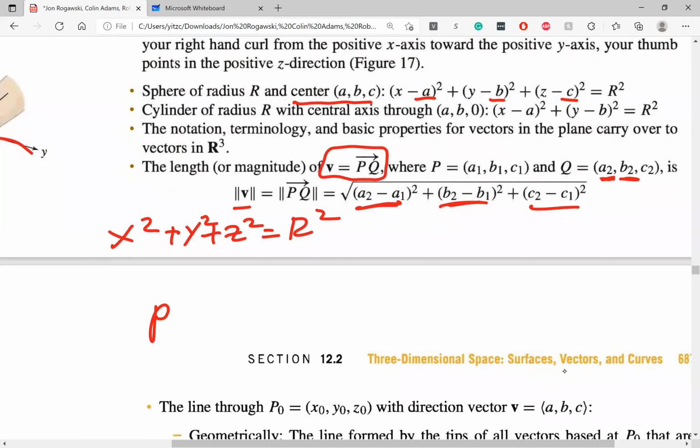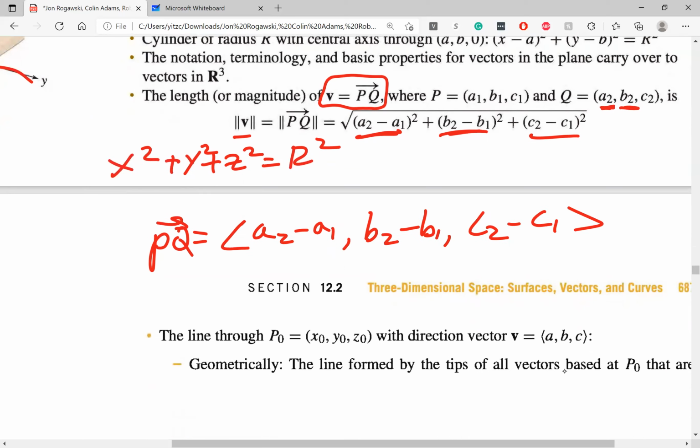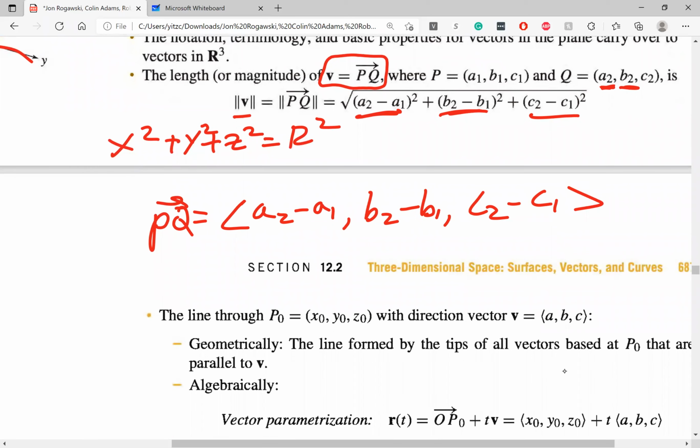So if you were just trying to find PQ, that would be the components a2 minus a1, b2 minus b1, and c2 minus c1. And then in order to find the length, you square each component and you take the square root.